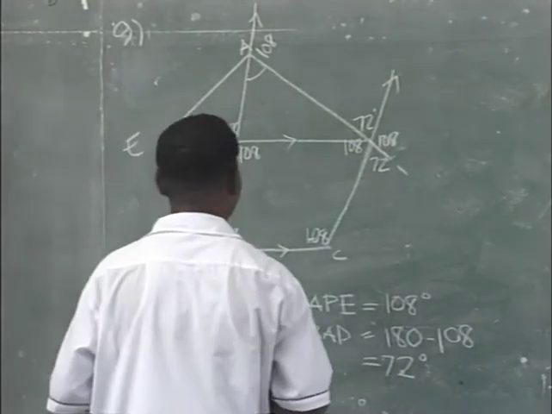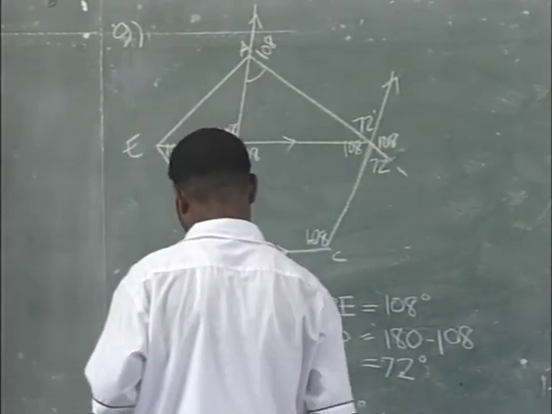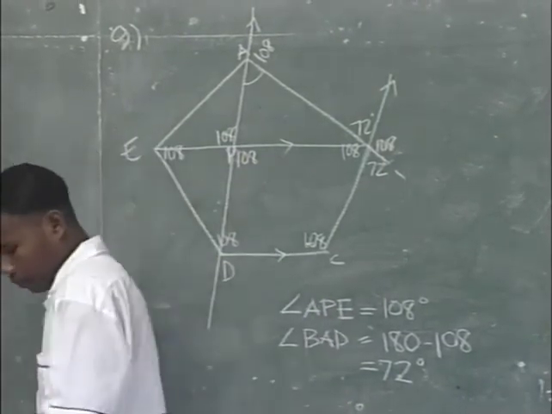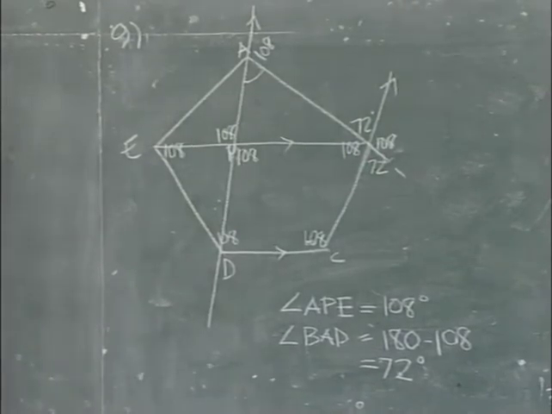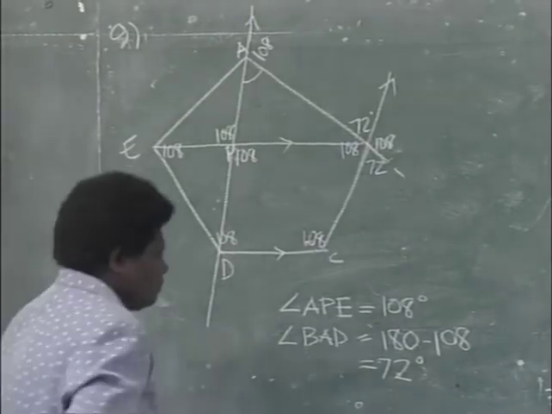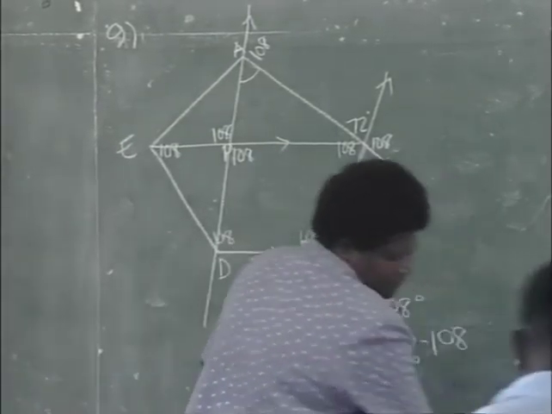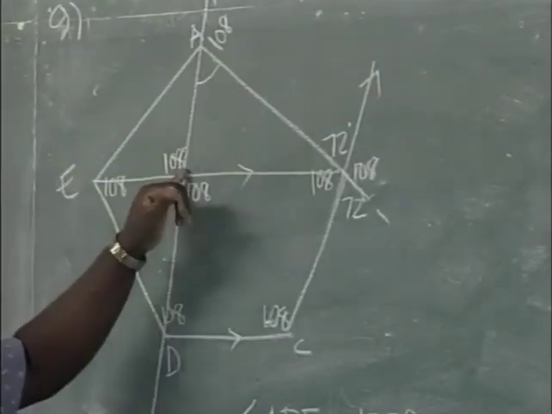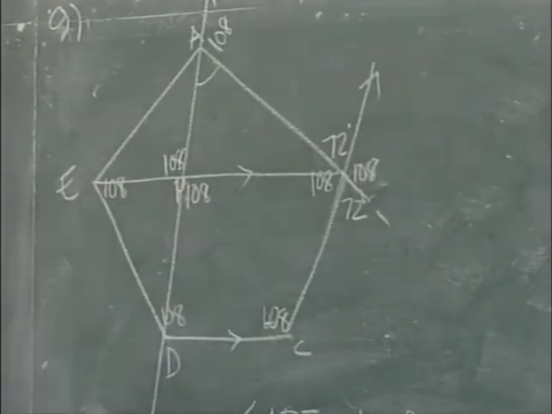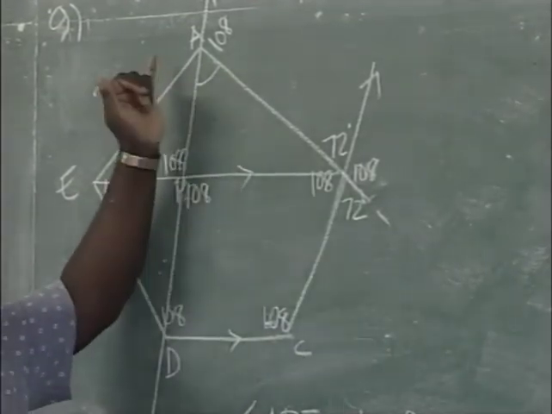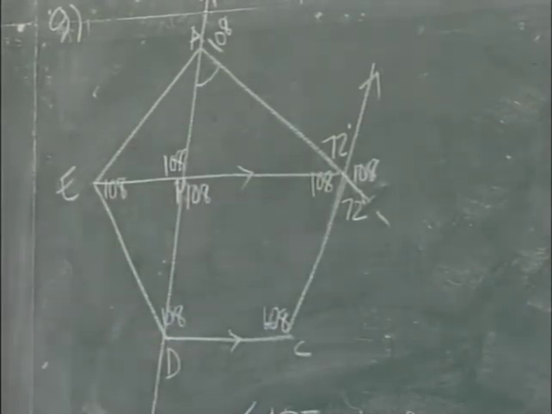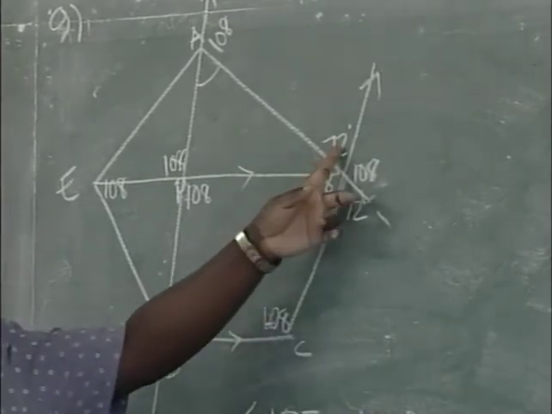See, he's really smart. He's going to work out the placement. Clear? Okay, angle APE is 108 degrees. Angle BAD is 72 degrees, which is alternate to this one.